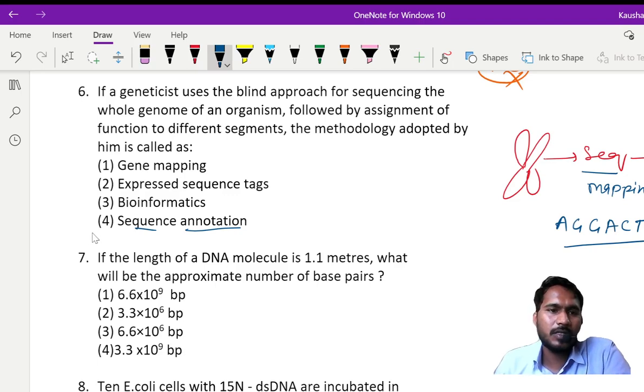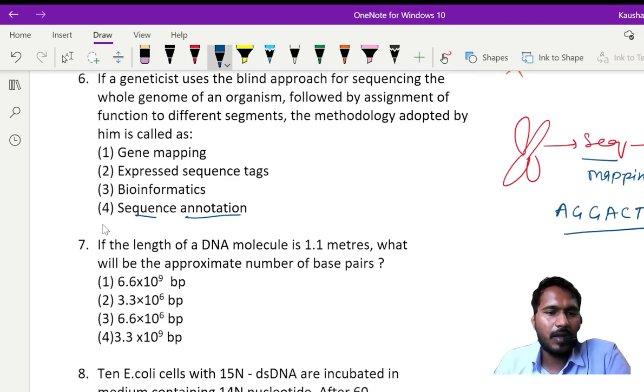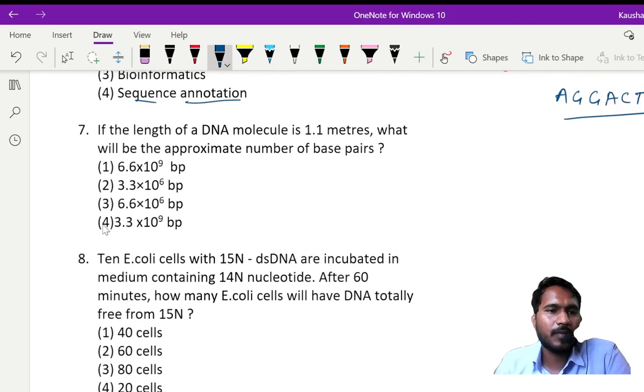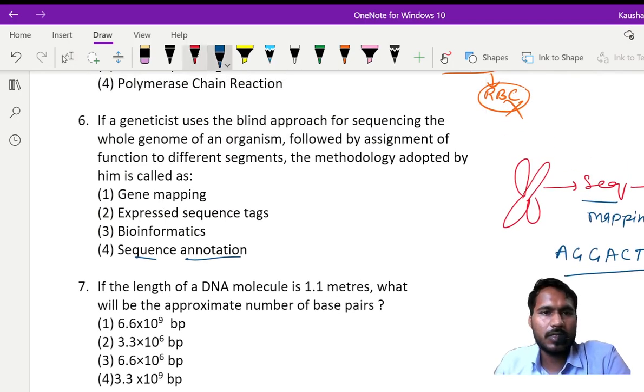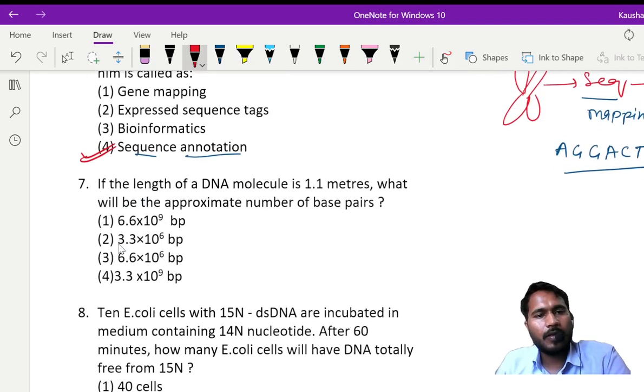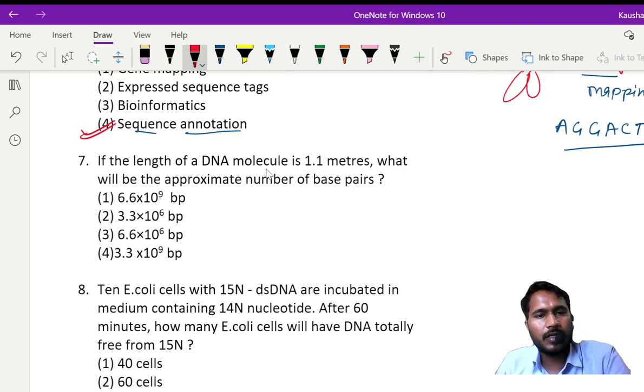So that is called sequence annotation. Okay, length of the DNA molecule in meters, approximate number of base pairs, that you have to tell.